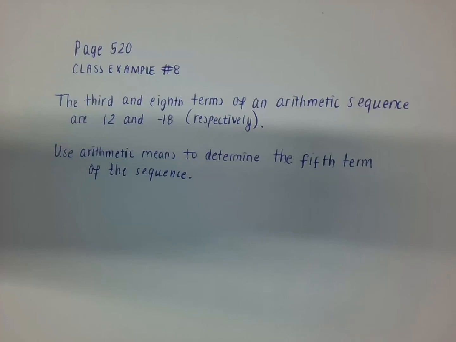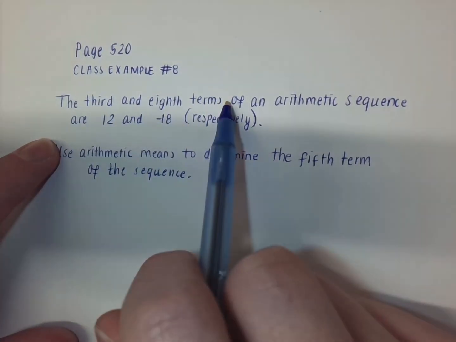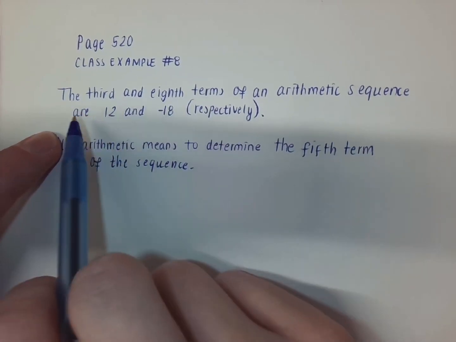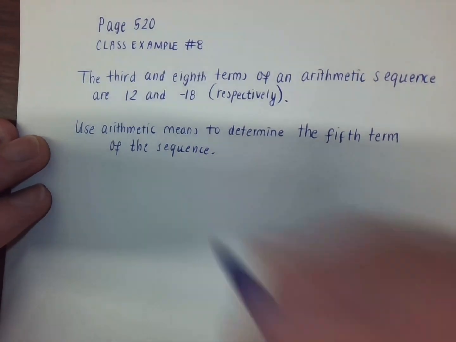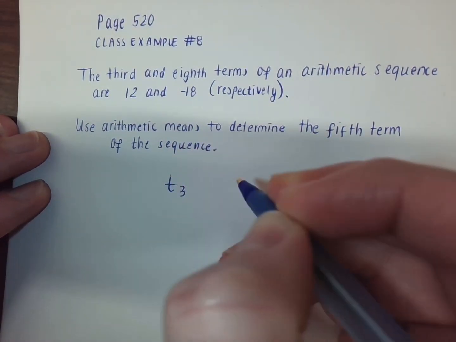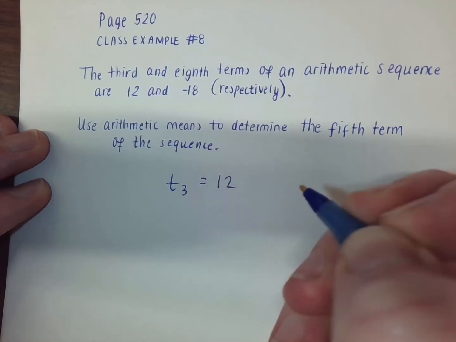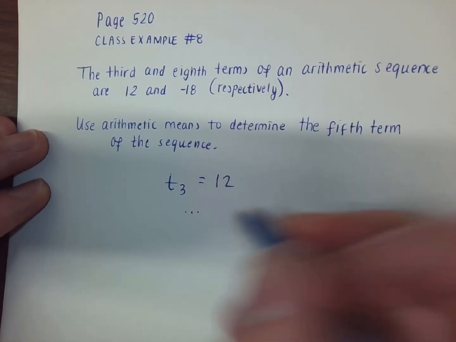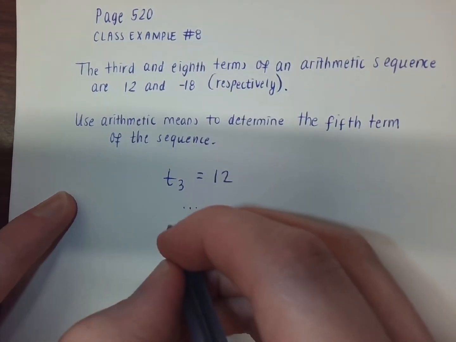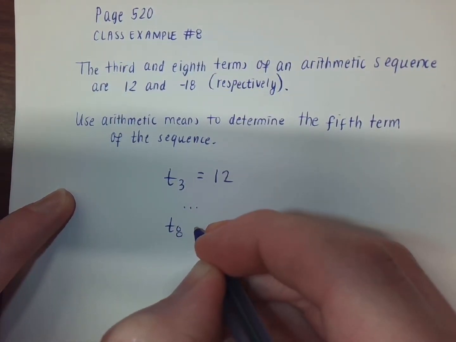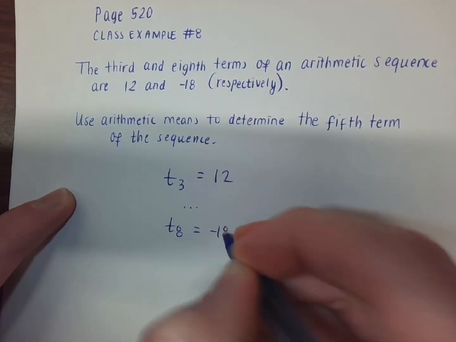Taking a look at this example, the third and eighth terms of an arithmetic sequence are 12 and negative 18. So basically T3 of this sequence is 12, and there are some terms in between, and then T8, the eighth term, is negative 18.